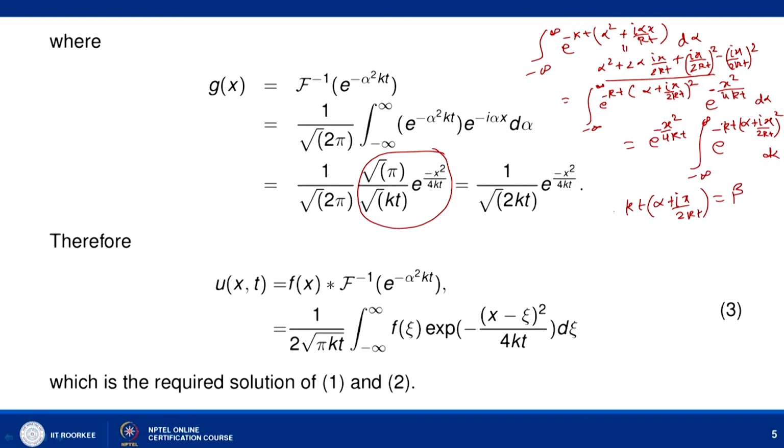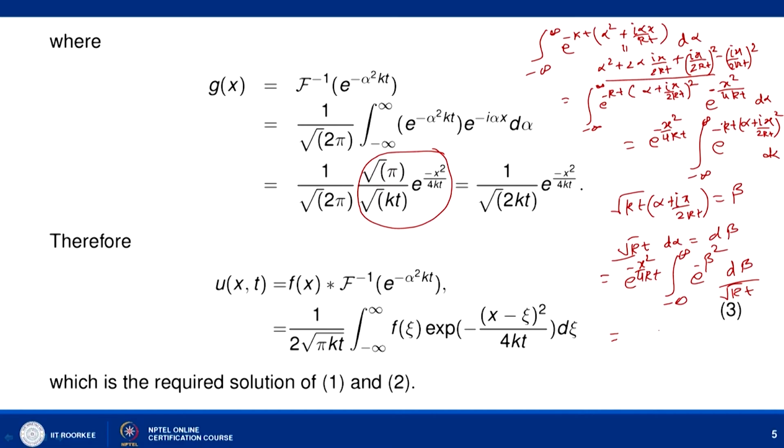So, by assuming this, root of k t d alpha equal to d beta, and the limits are coming out to be minus infinity to infinity. So, this whole thing I can write as e to the power minus x square upon 4 k t, limits will be as they are, and here what you will get? e to the power minus beta square d beta divided by root k t, this quantity will come down, and we already know that the integral from minus infinity to infinity of e to the power minus beta square d beta is root pi.